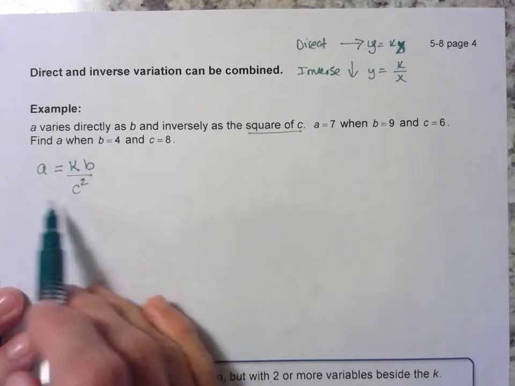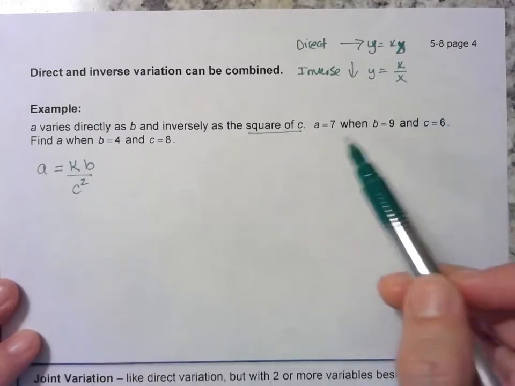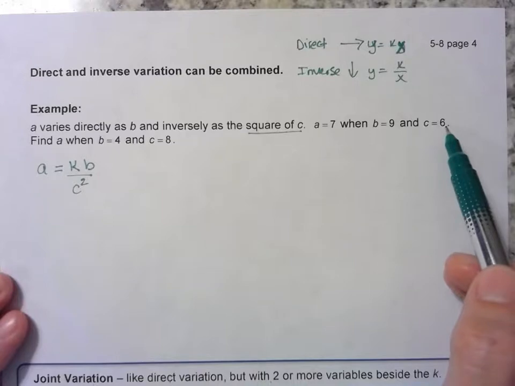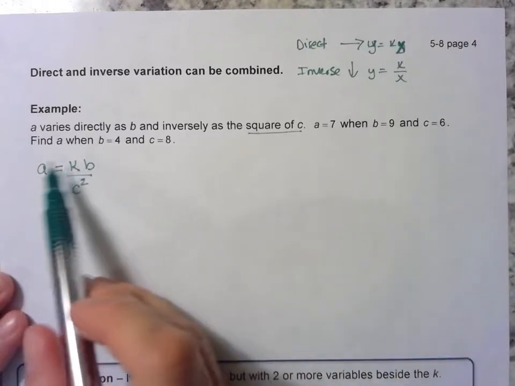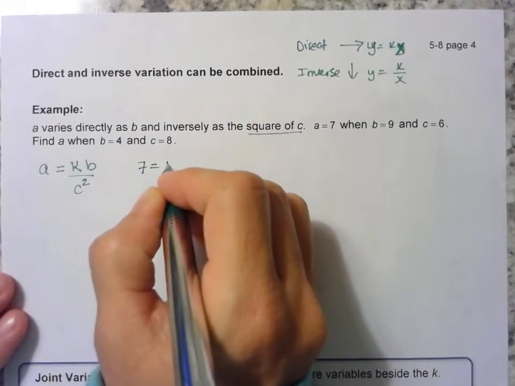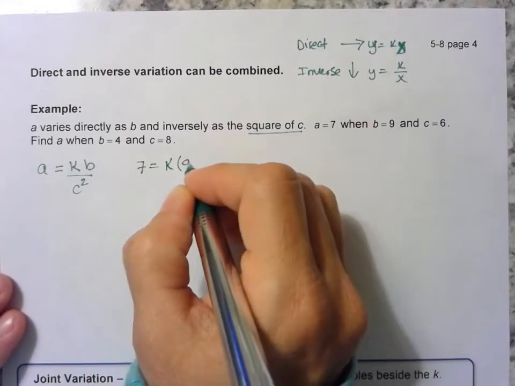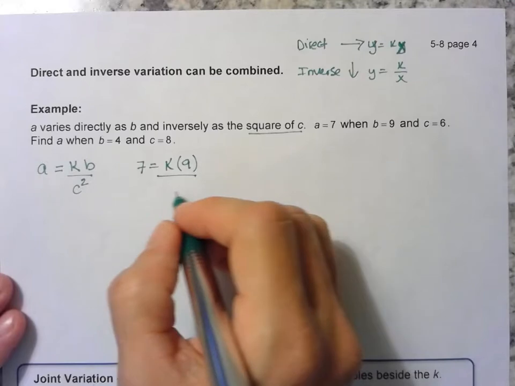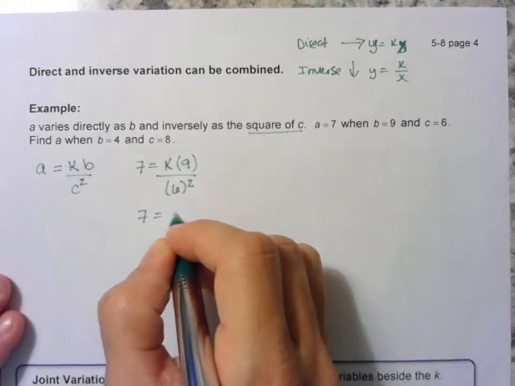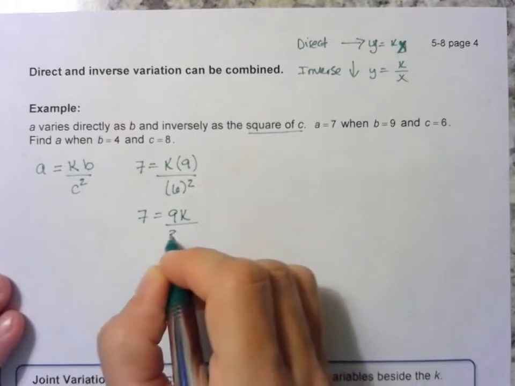We have our formula. Let's see what else we know. A is 7 when b is 9 and c is 6. They told us everything except k, so that's how we find our k. So 7 is equal to 9k divided by 36.